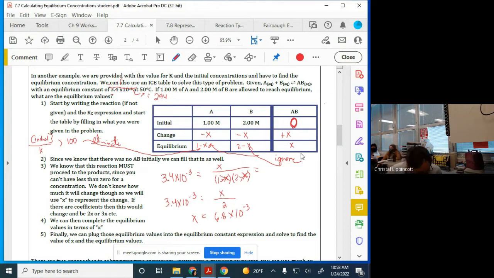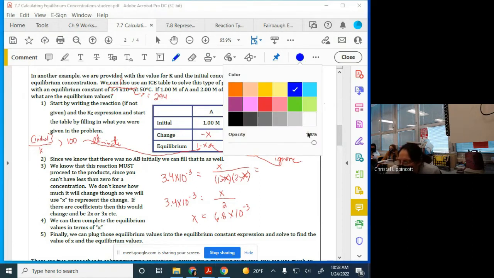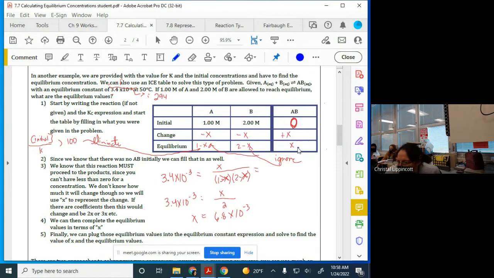So x in the end here is going to equal 0.0067, or 68, I guess it would be the way that rounded, sorry.